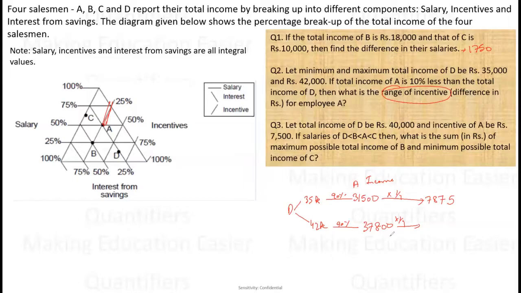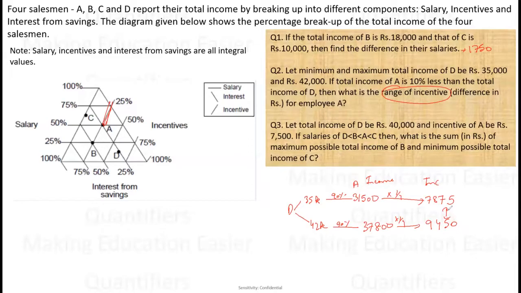Let me just check the calculation: 4 times 7 is 28, 4 times 8 is 32. Perfect. Now, what is the range of incentive? I have calculated the incentive now. I need to find the difference in them.